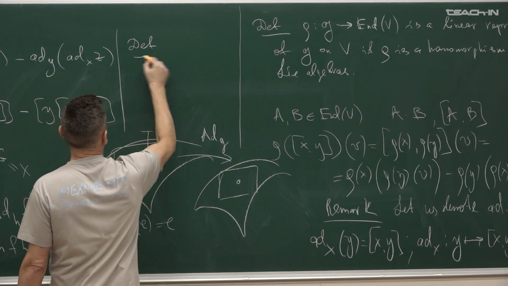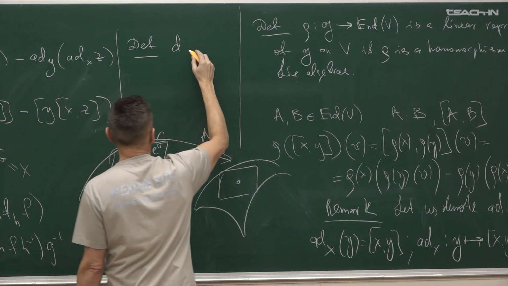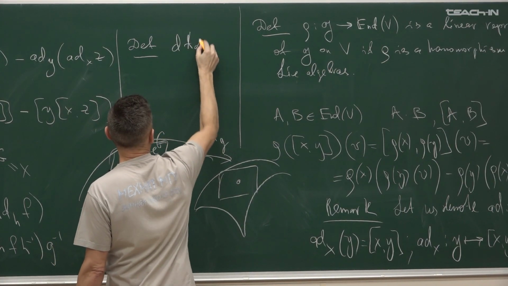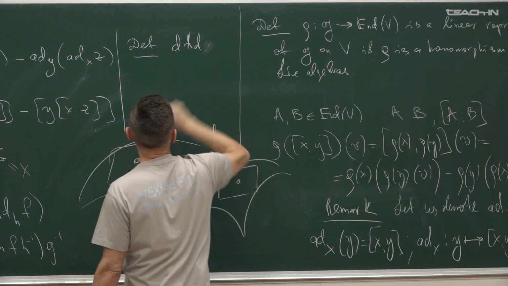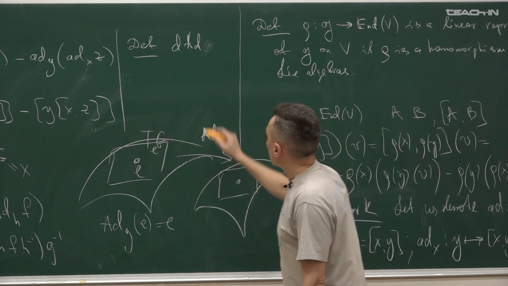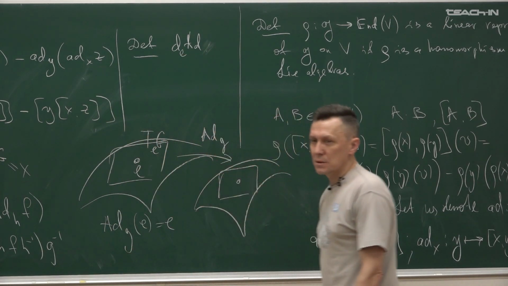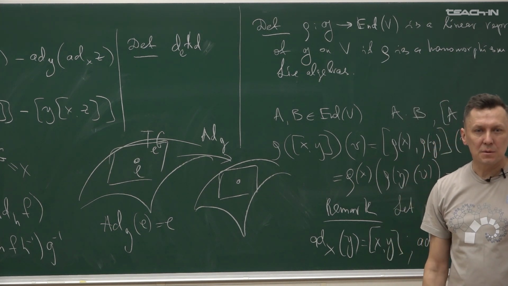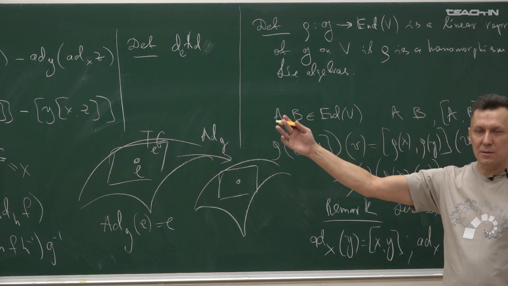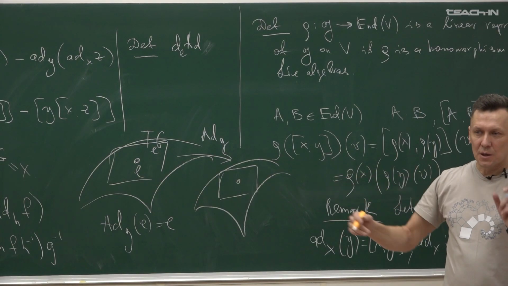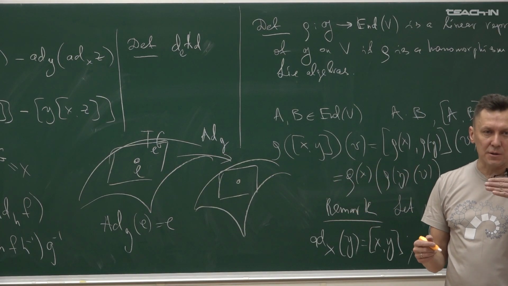Definition. The differential of the big adjoint at the point e is the differential map. There is a map, the finite map, which is the adjoint action, and its differential acts on tangent vectors.